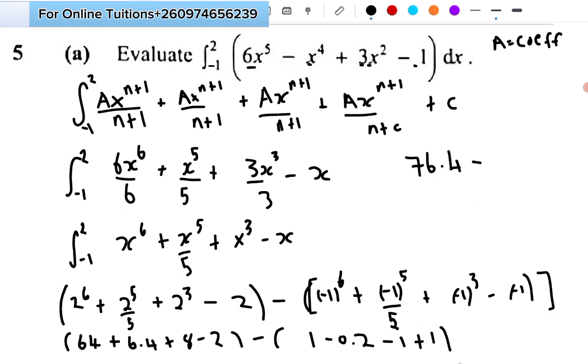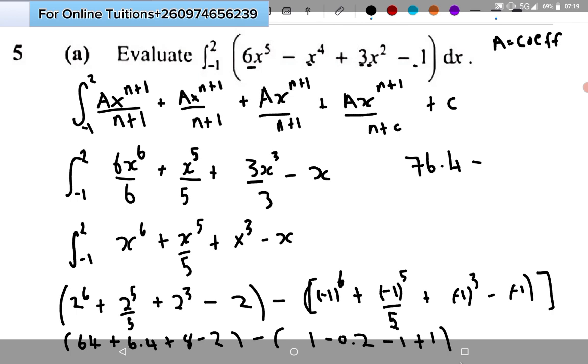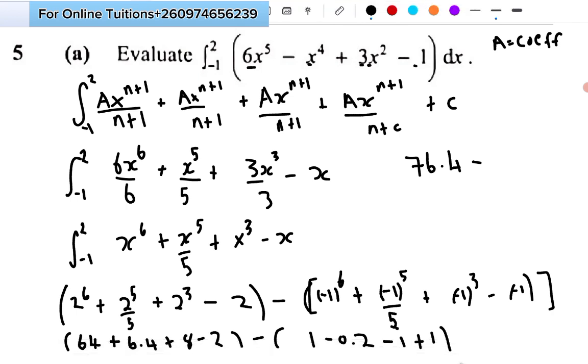Then minus this one: 1 minus 0.2 plus 1, which gives 0.8. Then you subtract: 76.4 minus 0.8 gives you 75.6 as your final answer for this one.